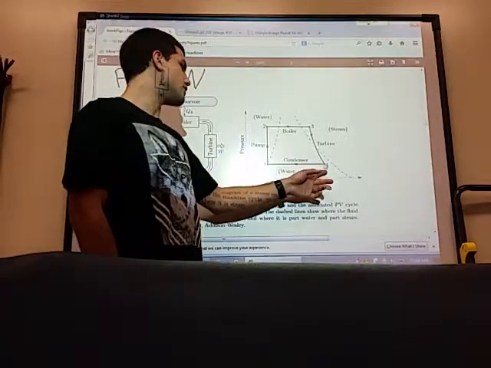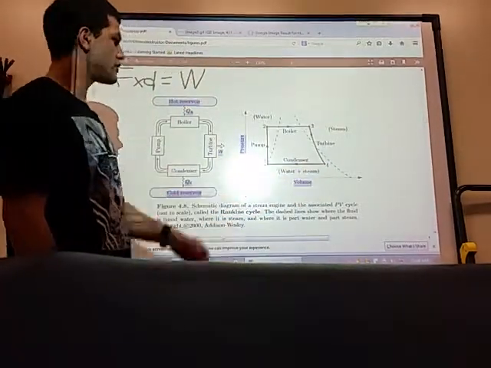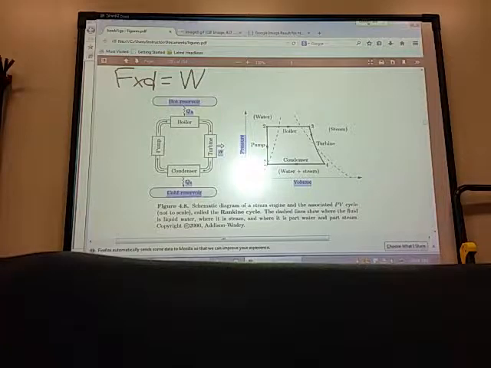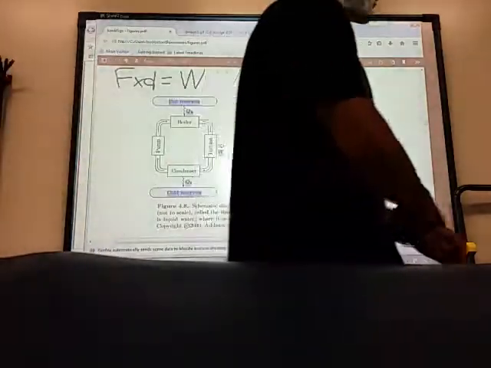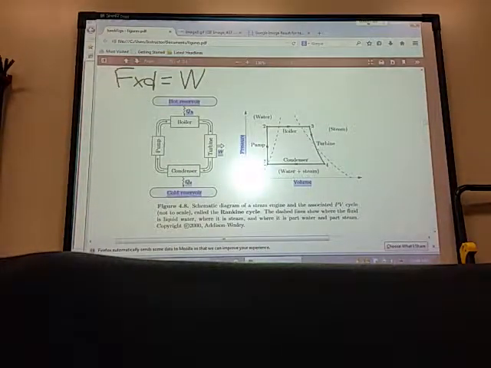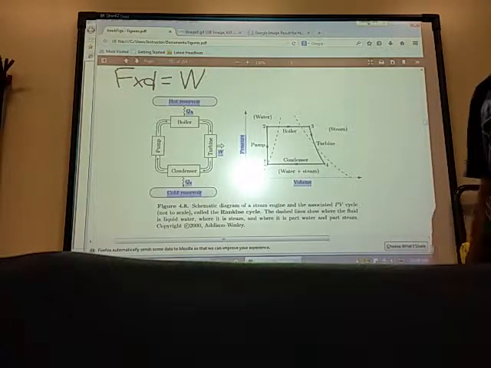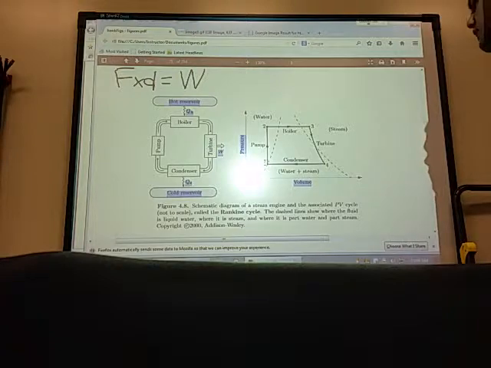Then you put it into a condenser so that you can repeat the cycle, so that heat will actually have the effect of making the water expand and contract. Next, we're going to take a look at how you can calculate the efficiencies of these different cycles.